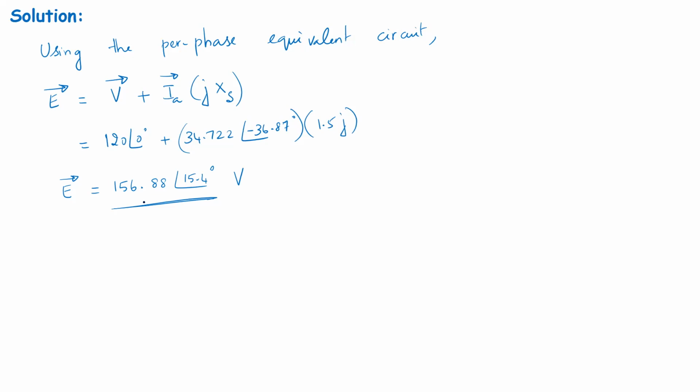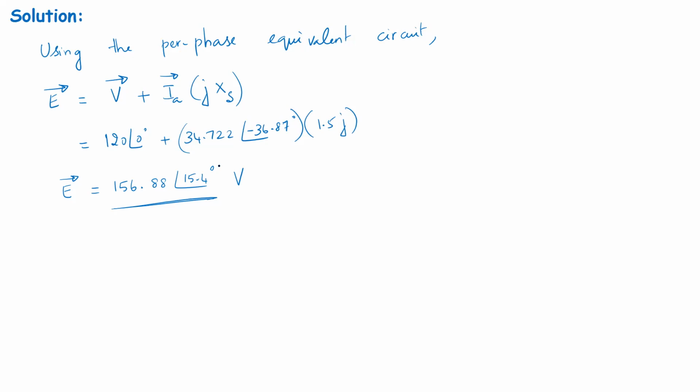The magnitude of the excitation EMF is greater than the terminal voltage, which makes sense because the load is lagging power factor and the machine has inductive reactance. Consequently, there will be a voltage drop across the inductive reactance. So the excitation EMF magnitude should be greater than the magnitude of terminal voltage, which makes sense.